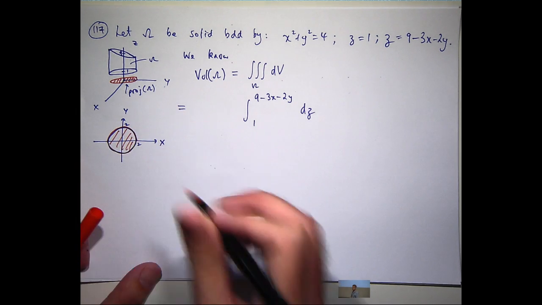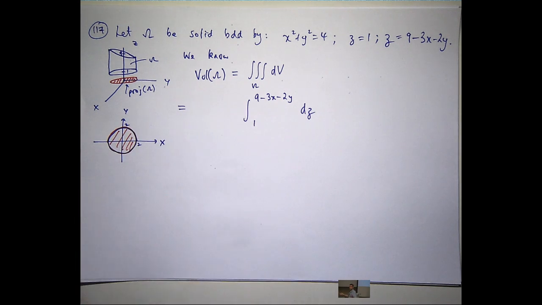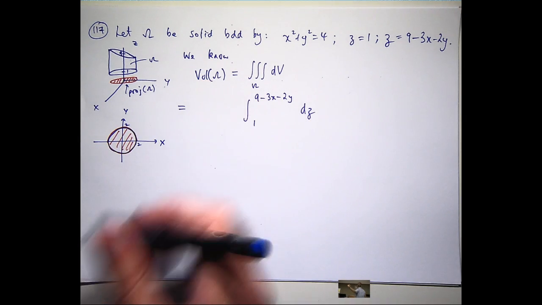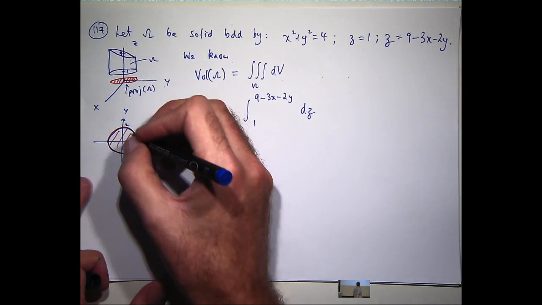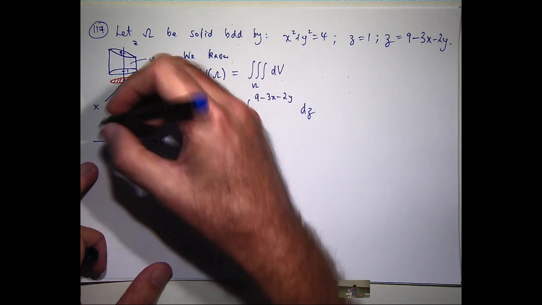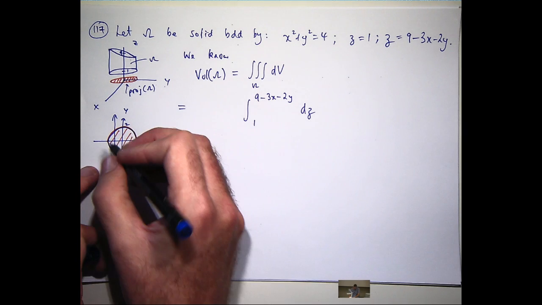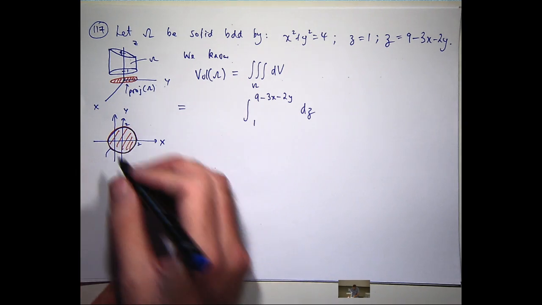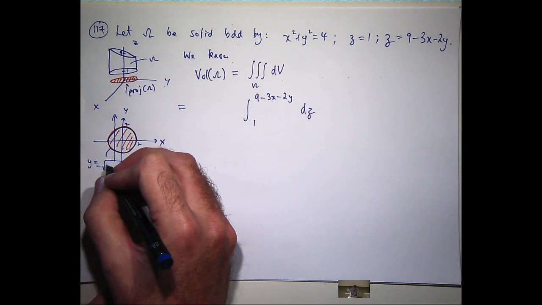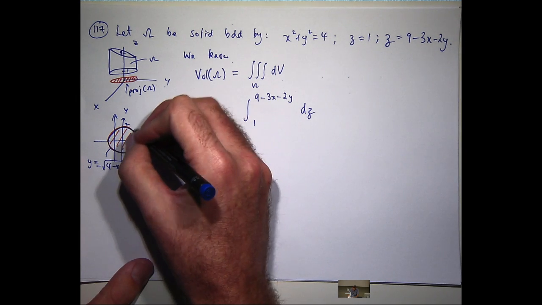Now, if I want to put this all in Cartesians, I know that x is going to be between, well, let's just draw a vertical line. So this is y equals minus root 4 minus x squared. That's the bottom half, and this is the top half.